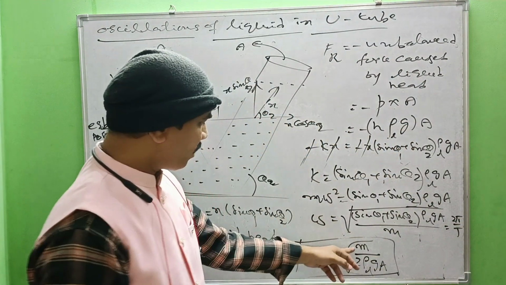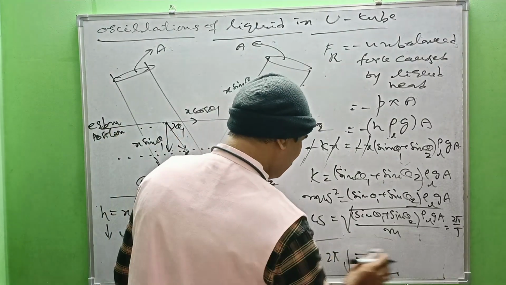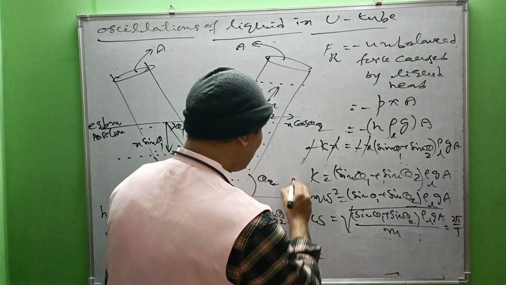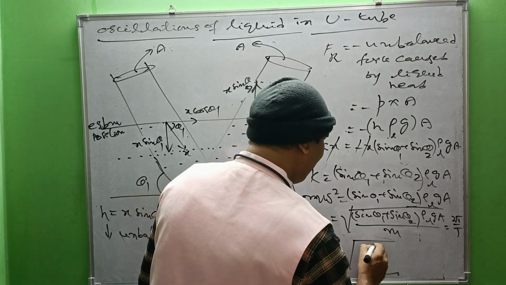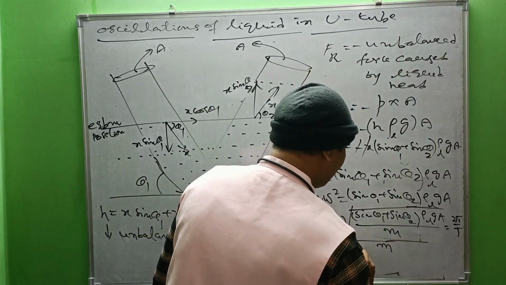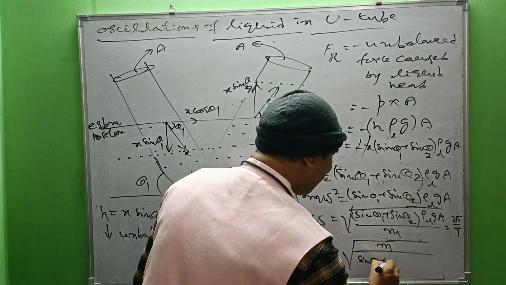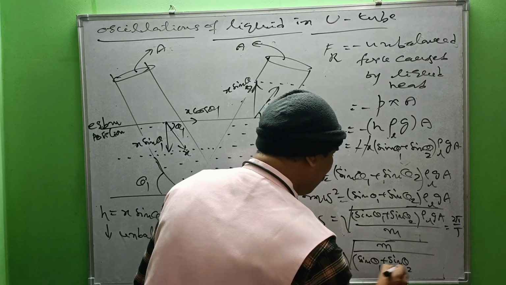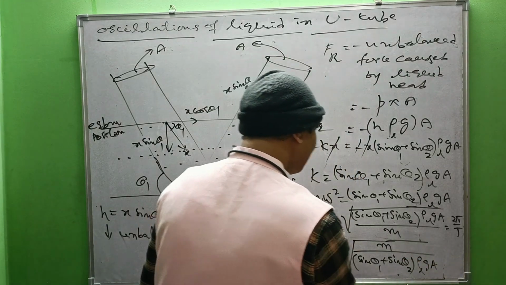It is not 2 pi root over m by 2 rho g A, but T equals 2 pi into root over m by (sin theta 1 plus sin theta 2) whole into rho L g A. So this is the ultimate expression.